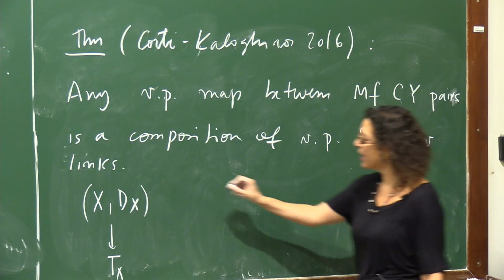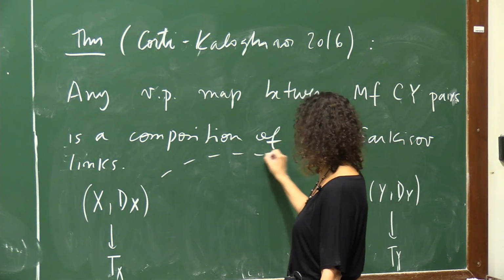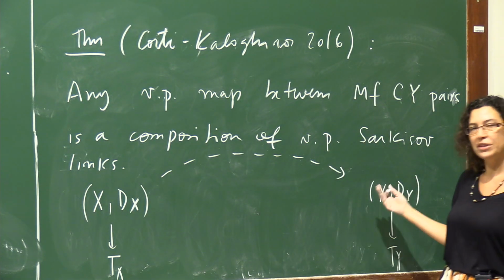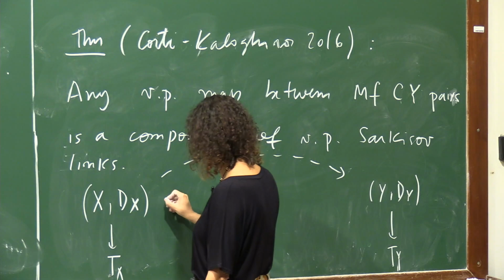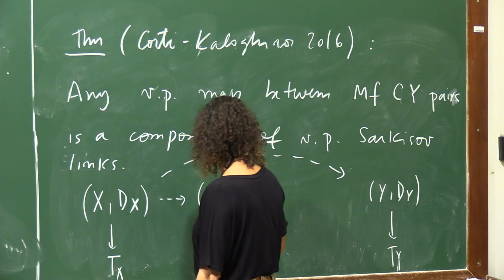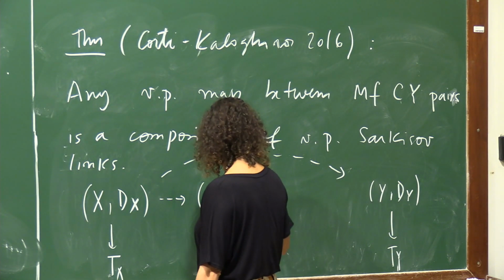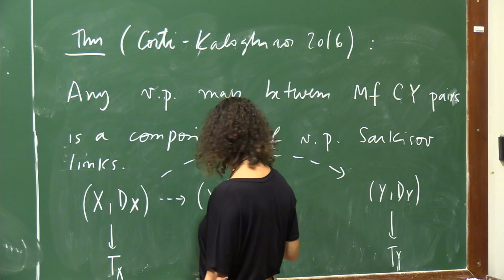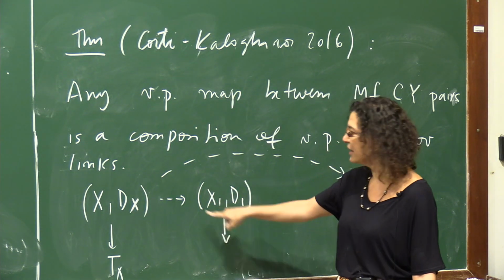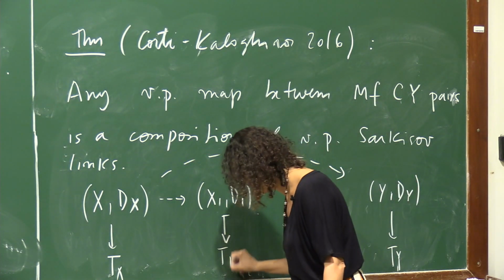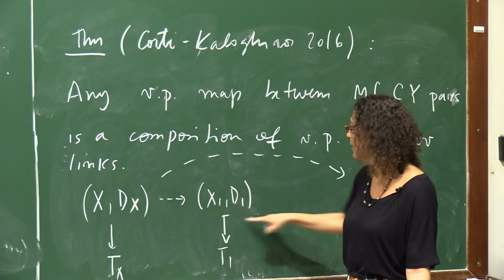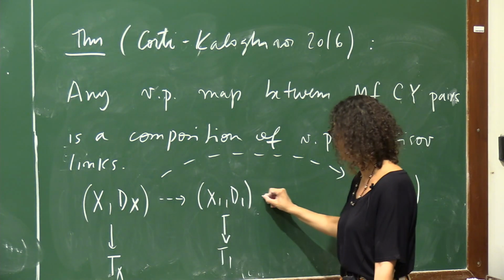And now suppose that I have a volume-preserving birational map between them. Then what the theorem says is that I can write this as, again, a composition of Sarkisov links, but the only difference is that each intermediate variety admits some divisor D, making this a Calabi-Yau pair.